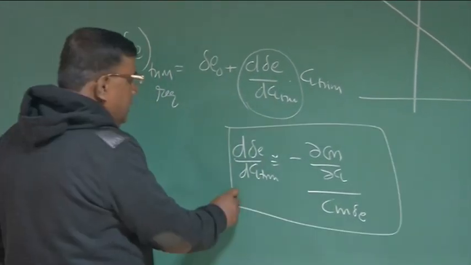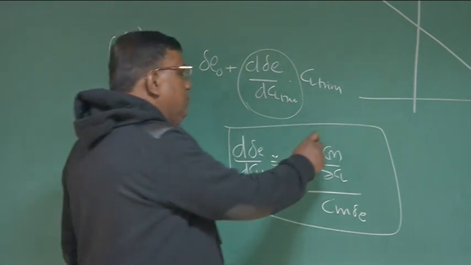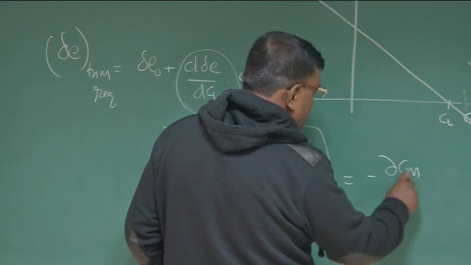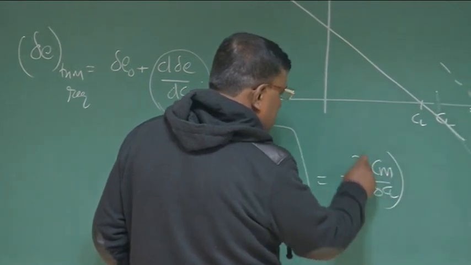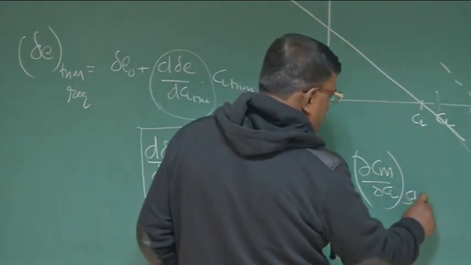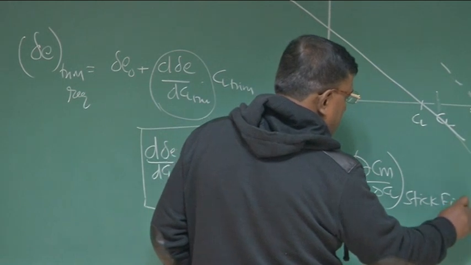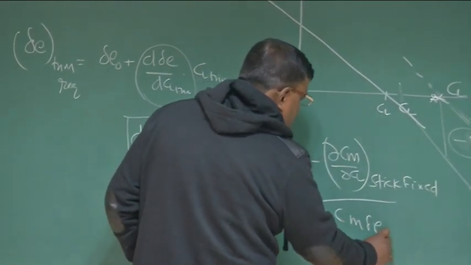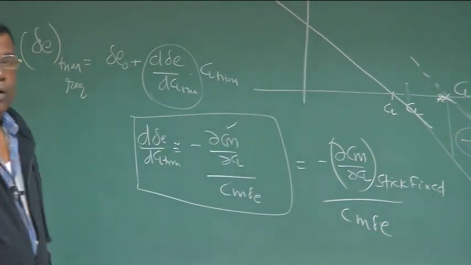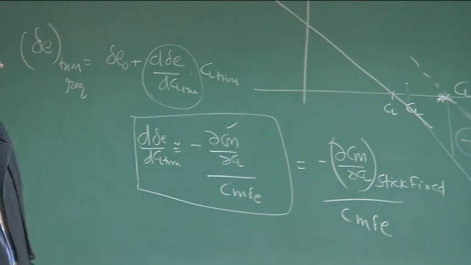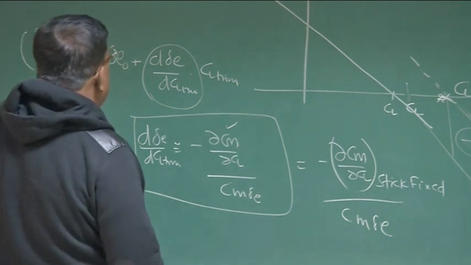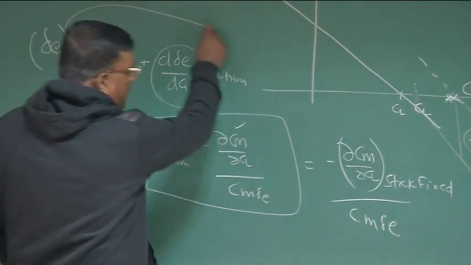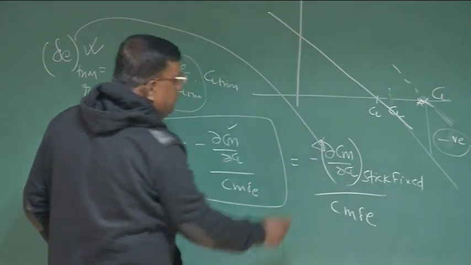We have seen that. dCl trim, when I want to use minus dCm by dCl, this is actually minus dCm by dCl stick fixed, divided by Cm delta E. Stick fixed means control locked. We are not allowing it to float. That is important. So what delta E is required is decided by dCm by dCl fixed.